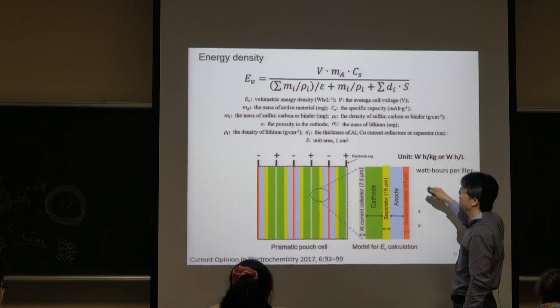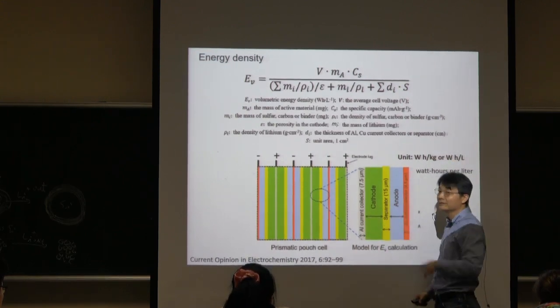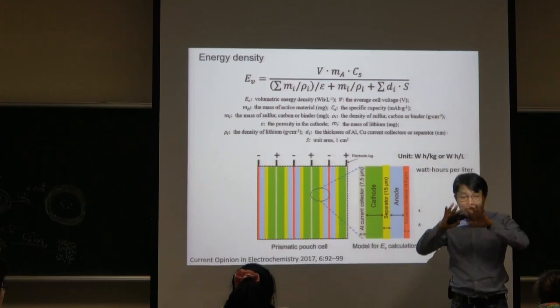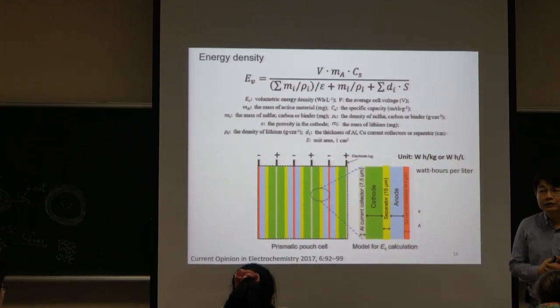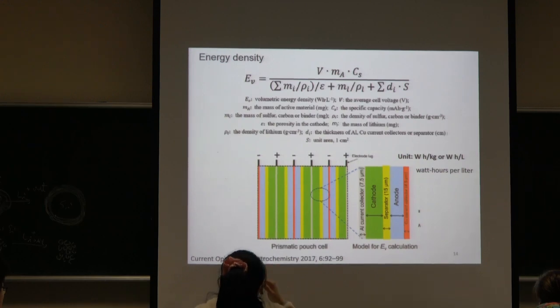Okay, so this is the summation of the volume for the electrodes. This is the energy density calculation. Usually we can take this kind of calculation, so you should be able to do it. Here is the paper. Maybe you can take this paper to read.